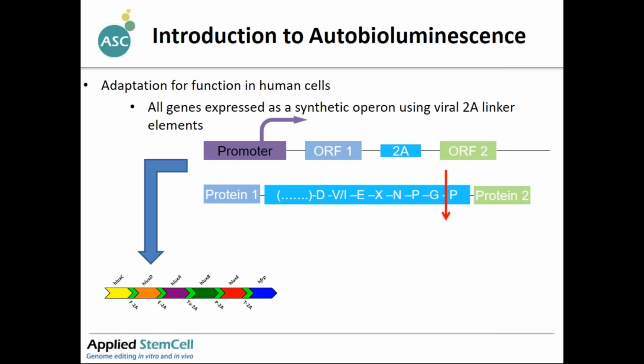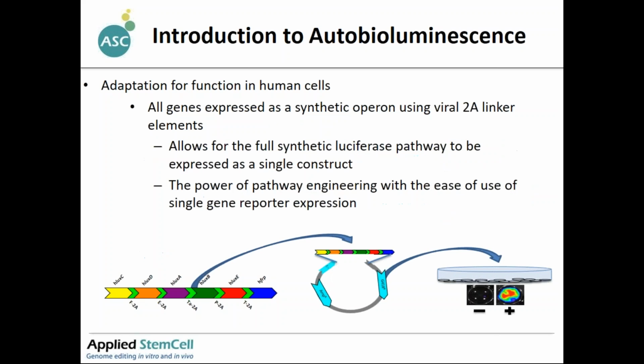So now you have the complexity and coordinated expression of a full pathway with the convenience and ease of use of a single gene. From a molecular biology standpoint, this means that there's no need to change your cloning, transfection, or selection protocols, and you can empower your cells without developing new methods.